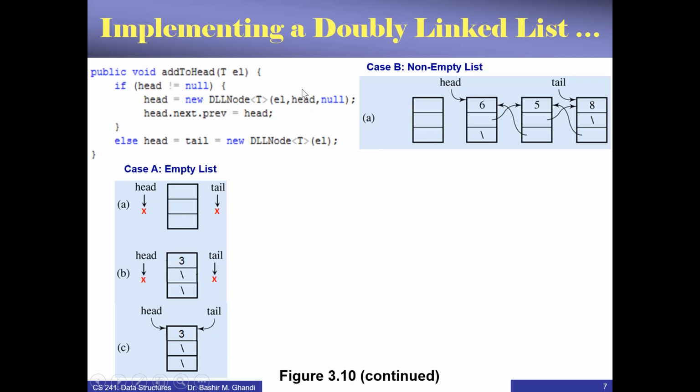And then we say save in the next of our new node, the middle variable here is next, store in it the same as the content of head. Well, head right now is pointing to this node. So the content of head is the address of this node.